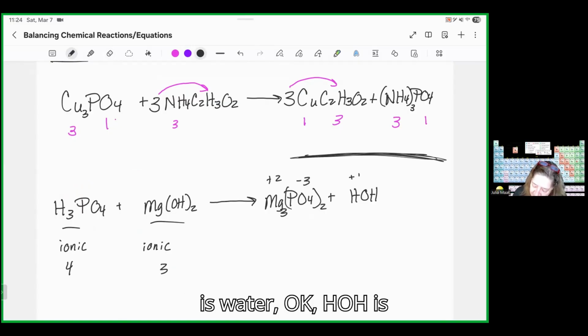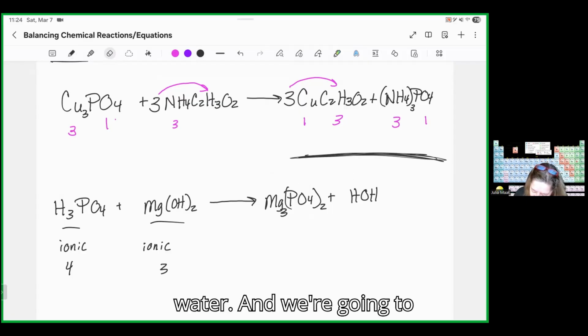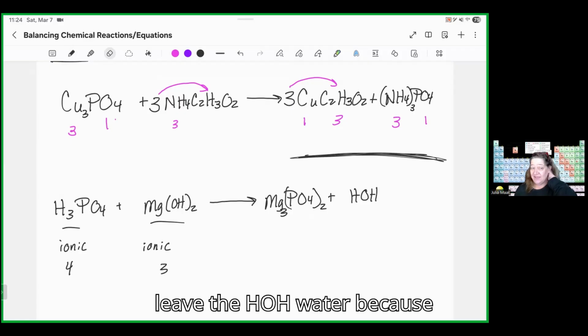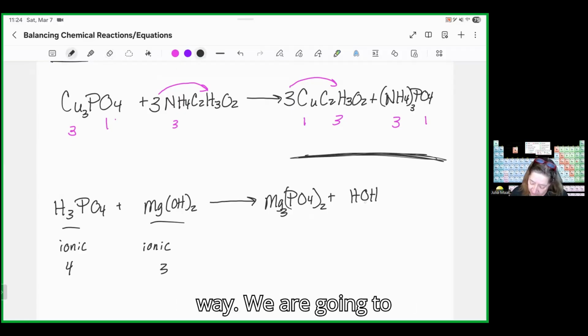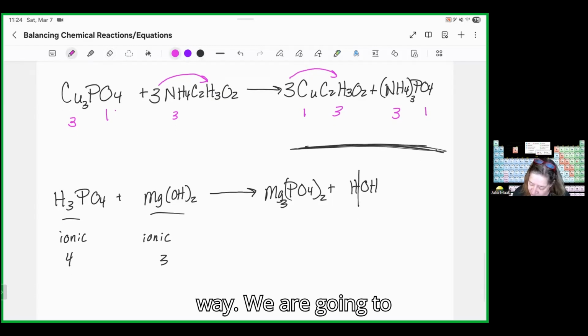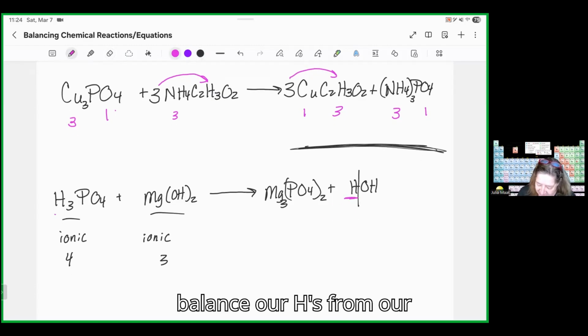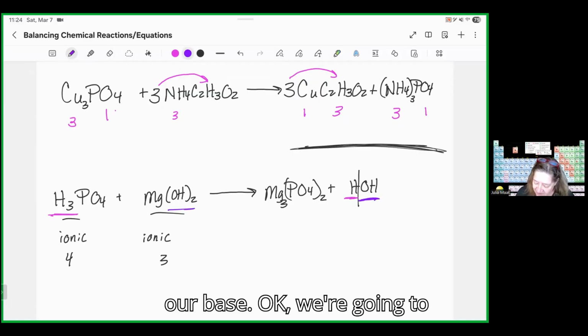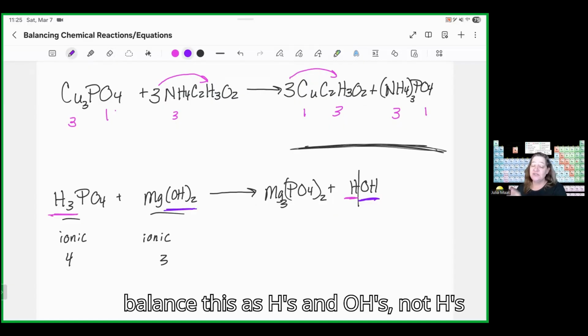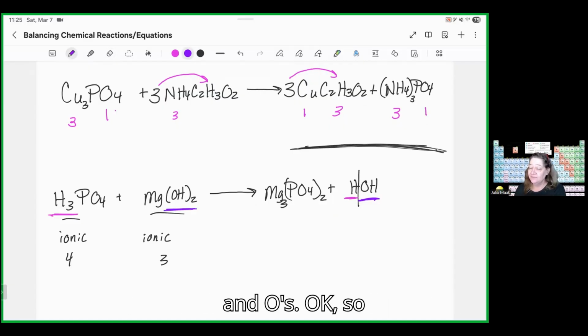And water is water. Okay, HOH as water. And we're going to leave the HOH as water because it's easier to balance that way. We are going to balance our H's from our acid and our OH's from our base. We're going to balance those as H's and OH's, not as H's and O's.